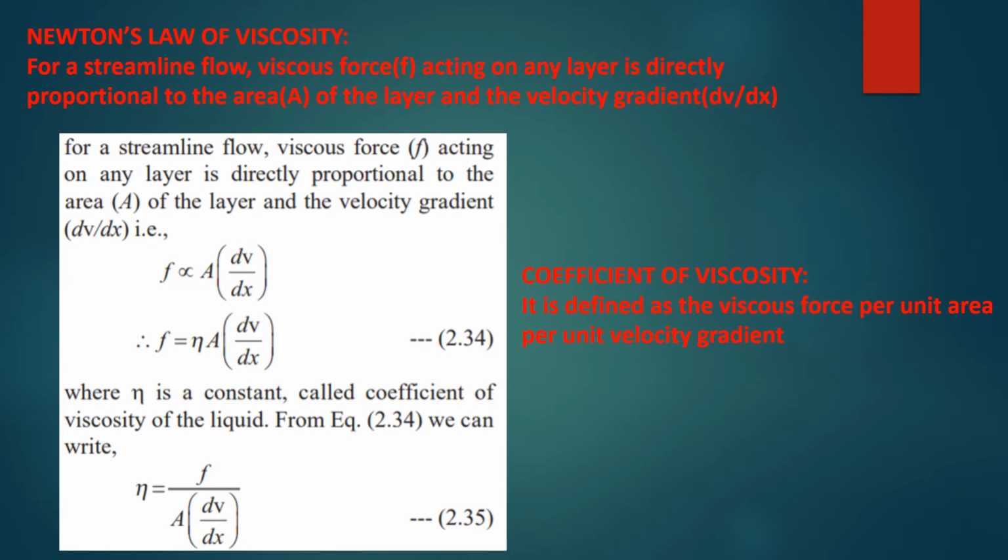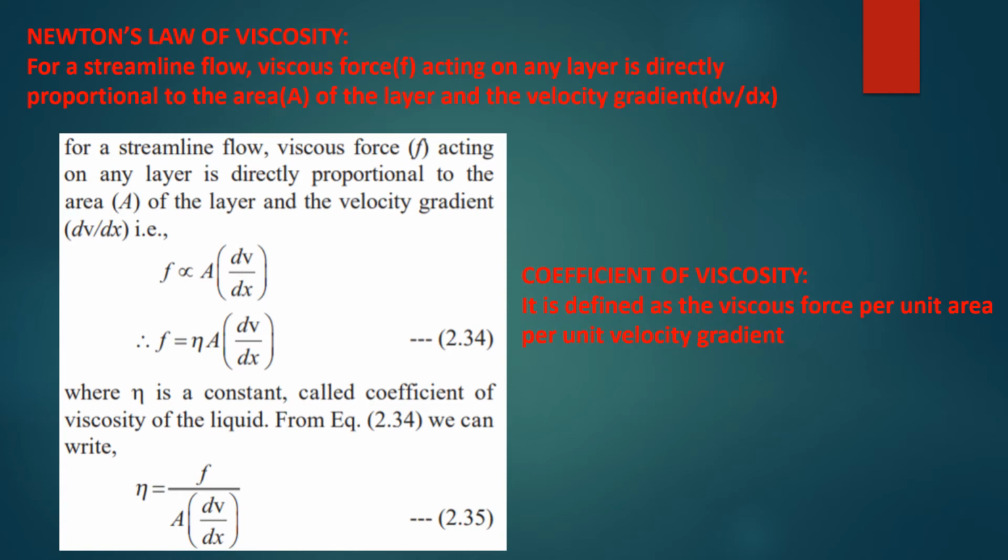If you convert that proportionality into equality, you will need to introduce a constant of proportionality which is denoted by eta here. So F = eta A dV/dx. Rearrangement of terms gives you eta = F / (A dV/dx), where this constant of proportionality eta is a property of that fluid and it is termed as coefficient of viscosity.